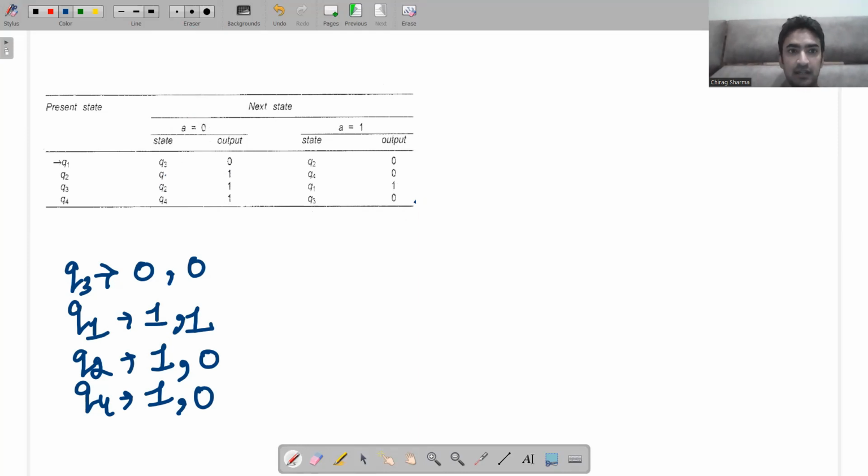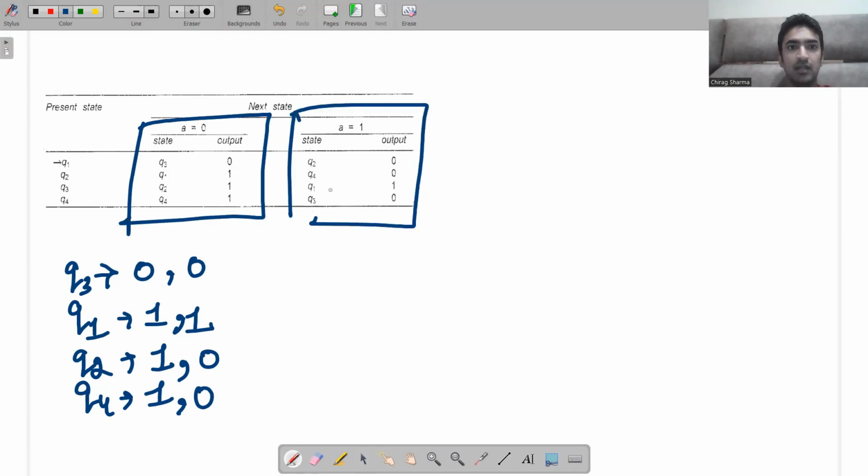Initially I pitched on this and then on that. From this I got the output of Q3 as 0 and 0. From that I got the output of Q1 as 1 and 1. But the output of Q2 here is 1, here it is 0, and here it is again 1, here again 0.